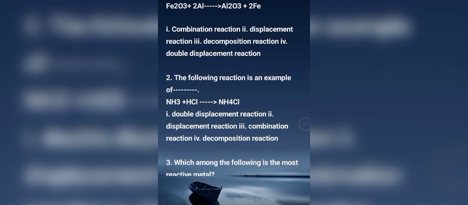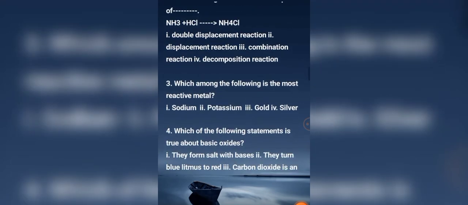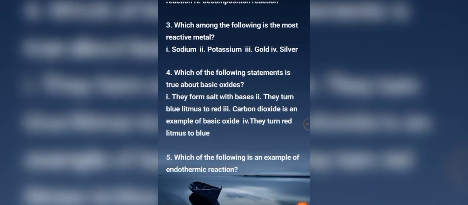This is option 2, that is combination reaction. Next, which among the following is the most reactive metal? Sodium, potassium, gold and silver. Option 2, that is potassium, is the right answer, the most reactive metal.